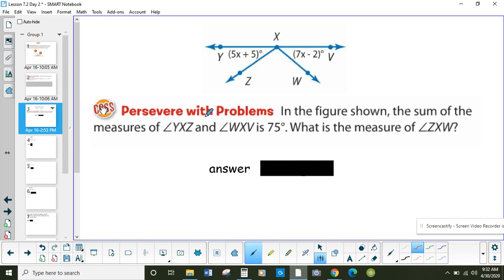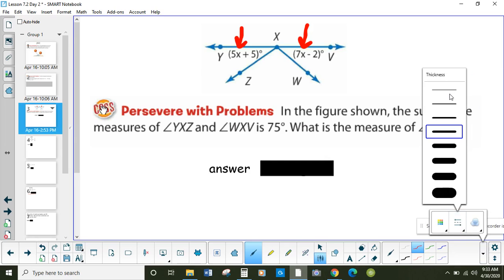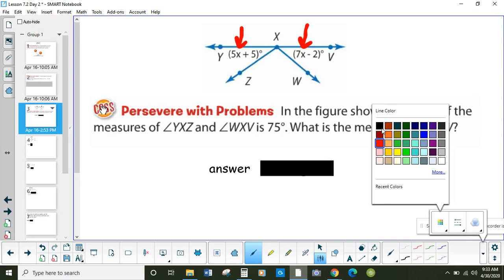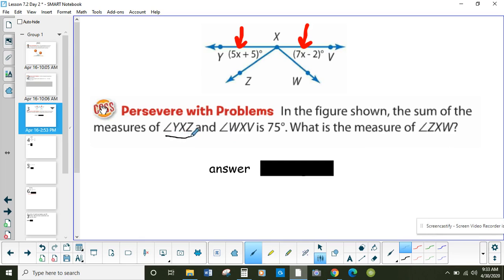Now, the thing is we have to find x first. So how do I do that? Hopefully you were able to figure out a way by using the information that they gave you. What they gave us is that angle YXZ, let's find YXZ, is right here, and angle WXV is right here.